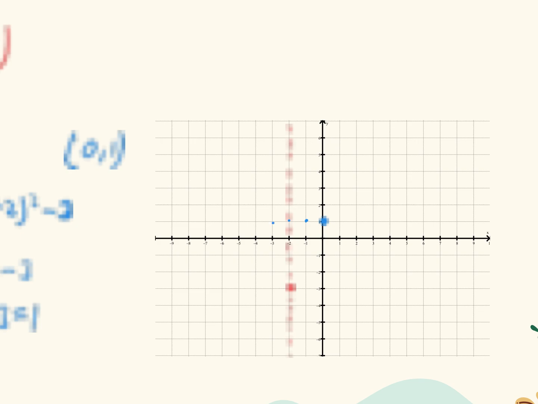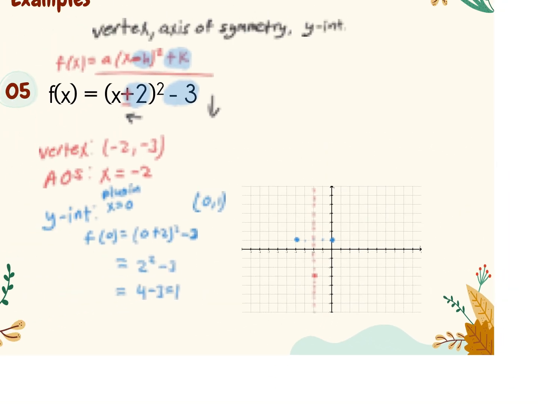That means 2 units on the other side of our axis of symmetry, we should expect to see a point right there. So some of these points, you can just use symmetry and determine your points that way. If you have one point, the y-intercept, you can easily find the corresponding point on the other side of it. So now we have 3 points, and this is enough information to sketch our parabola.